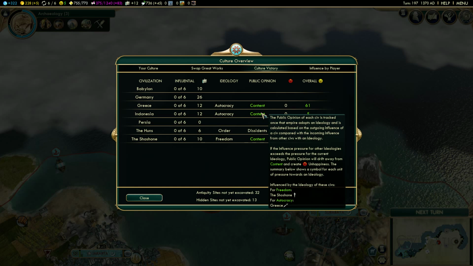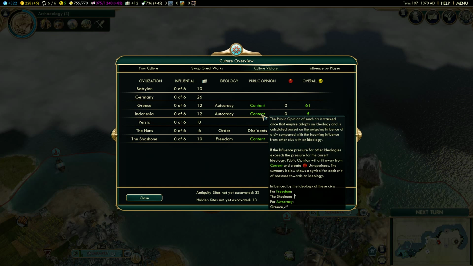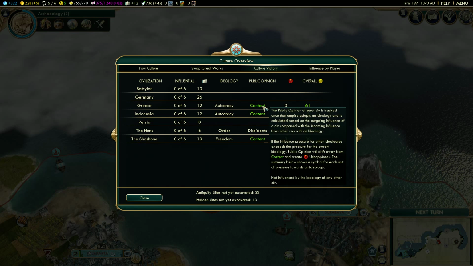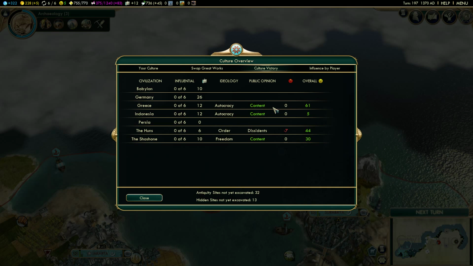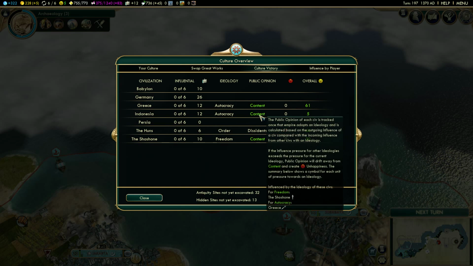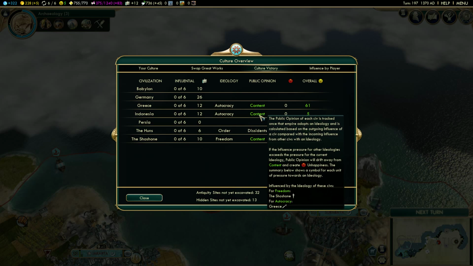Although it's always better to just stand on your own, because you never really can tell what other civilizations will be doing. For example, if Greece were to get conquered or decided that they were happier in another ideology, well, that would be unfortunate.